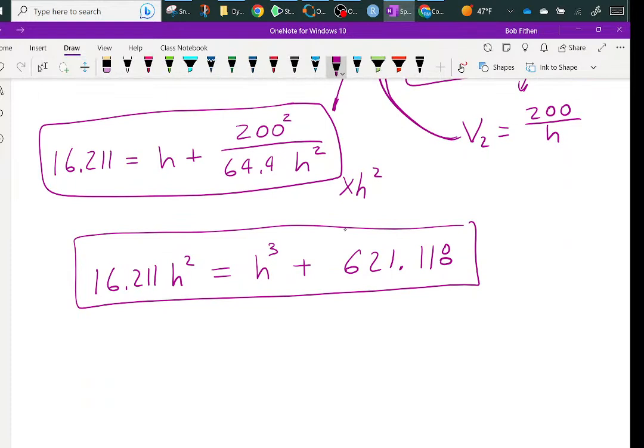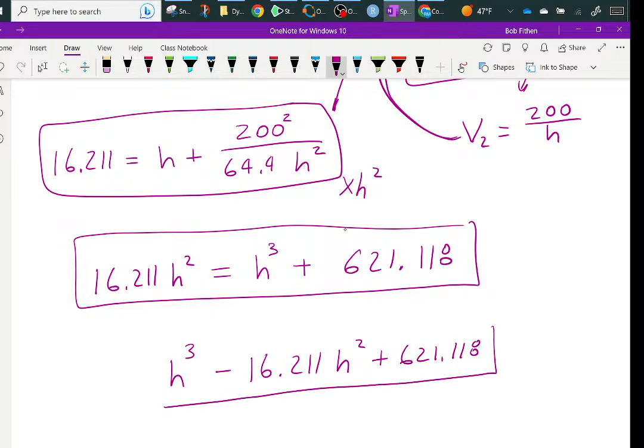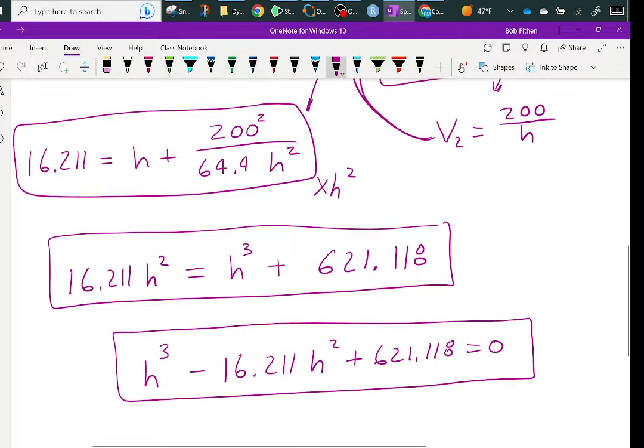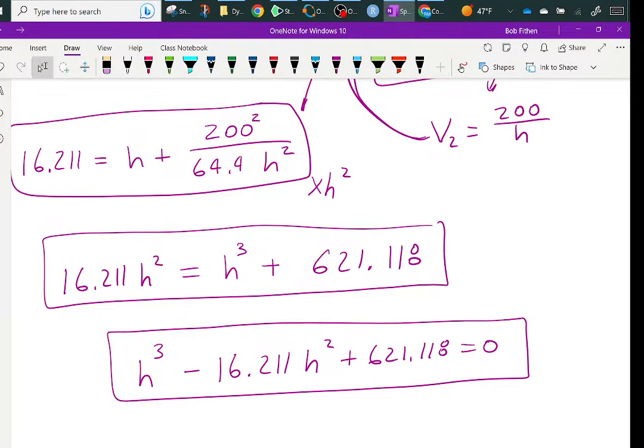I'm going to drop down and rewrite the equation. H cubed minus 16.211 H squared plus 621.118 equals 0. Now, I don't think it's going to do any better there than it will anywhere else.